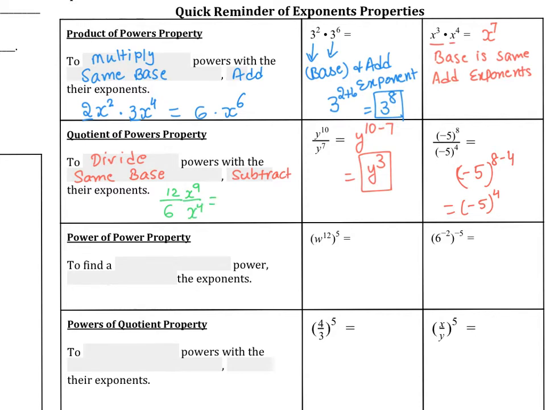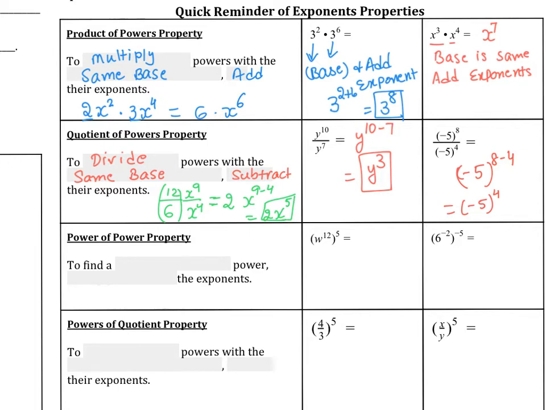So in this case, you divide these numbers, which is 12 divided by 6, that's 2. And then for the variables, you do the same property, the same base. You're going to subtract 4 from 9. So the answer should be 2x to the power 5.